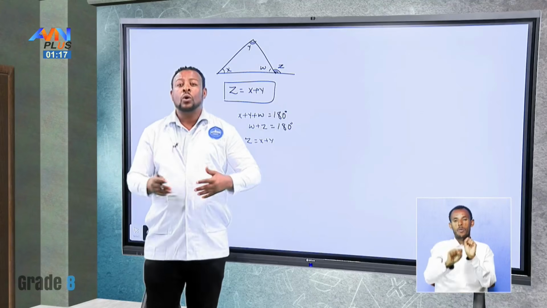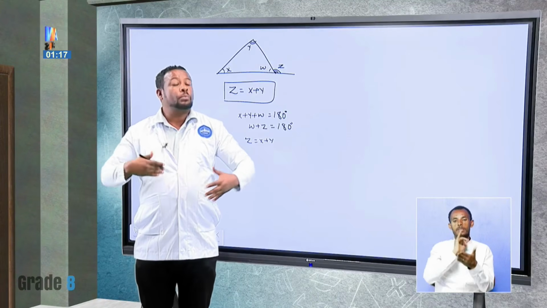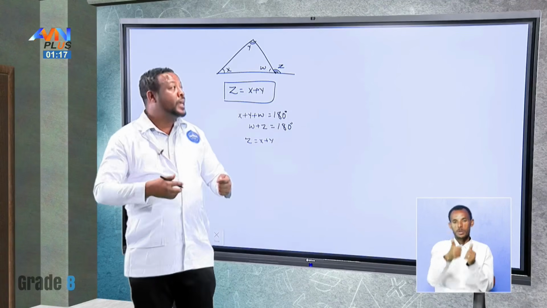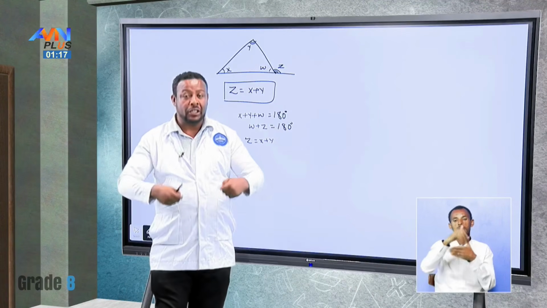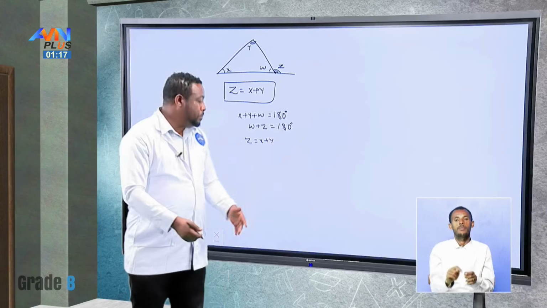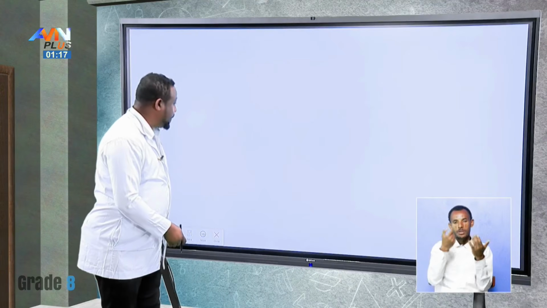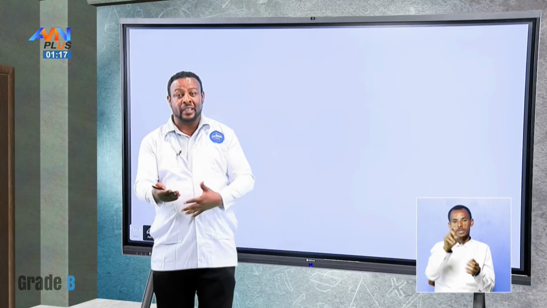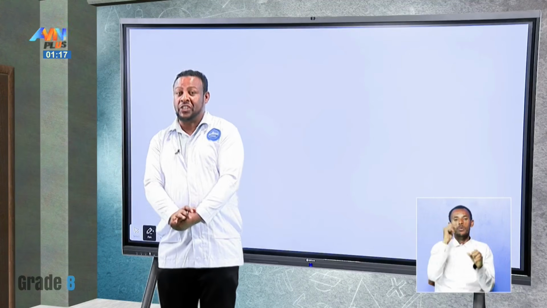So this is how we proved theorem 5.2, which deals with the exterior angle theorem, right? And based on this theorem, I asked you a certain question to practice it. Hopefully you did those questions.